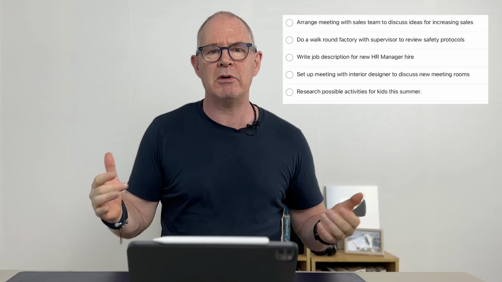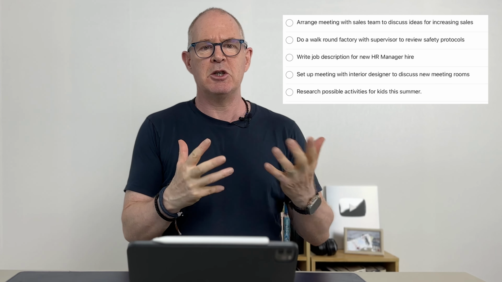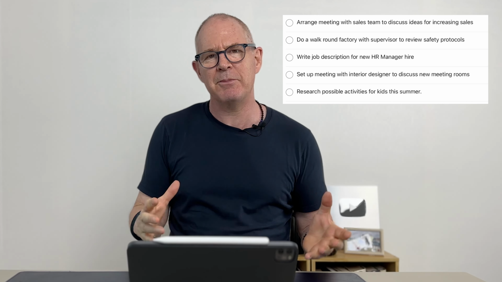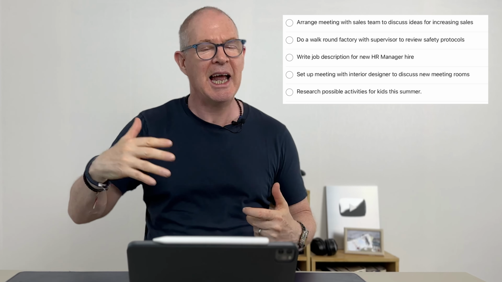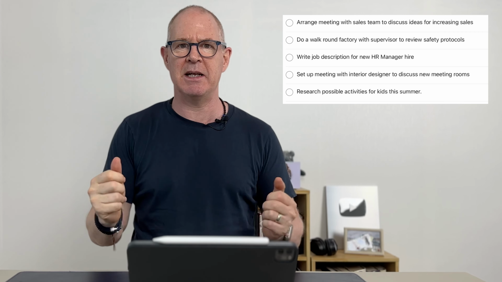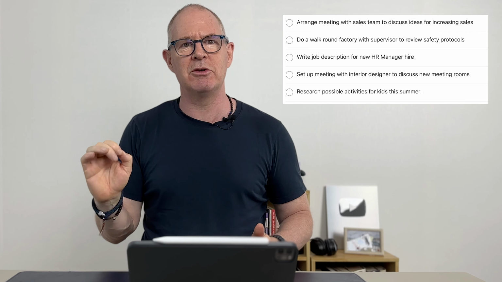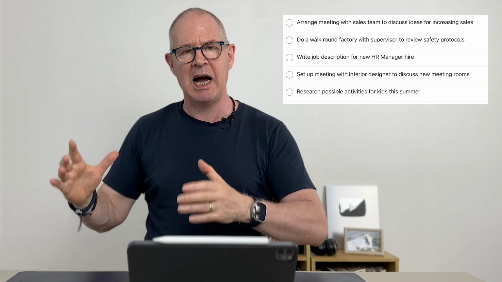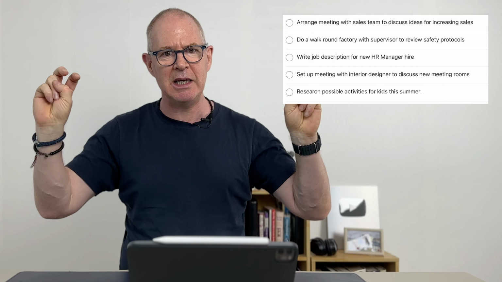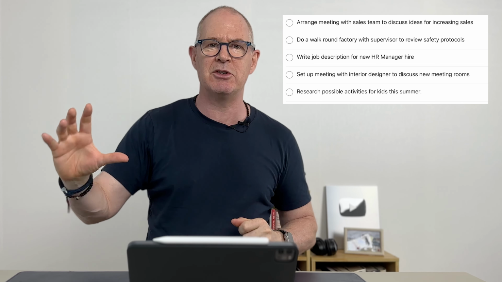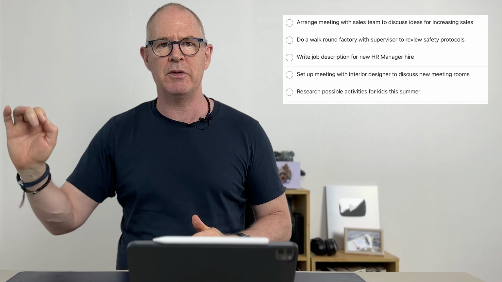What about improve factory safety? Well, do a walk round of factory with supervisor to review safety protocols. Now, that might not be something that I can do in one day. Obviously, it depends on how big the factory is. But what we could do is say, right, this week, I'm going to call it Safety Week. And every day we're going to look at a different part of the factory to see where we can improve safety.